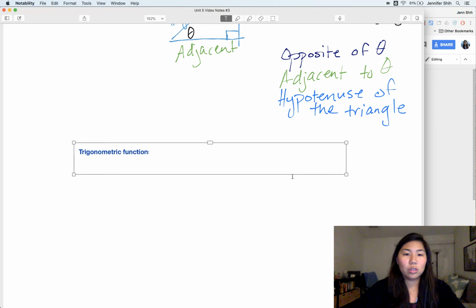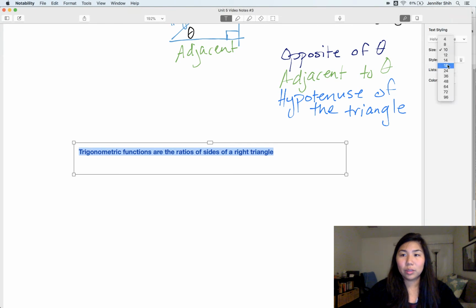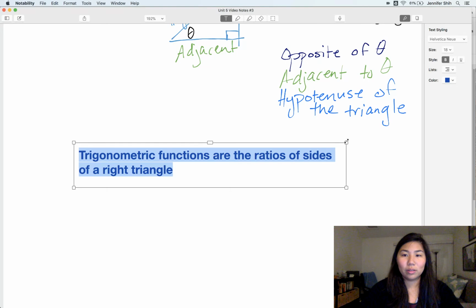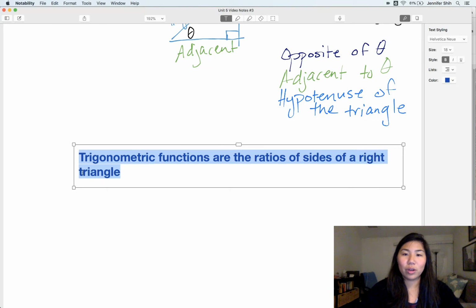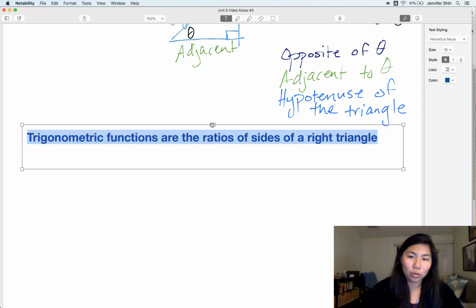Trigonometric functions are the ratios of sides of a right triangle. We're not really going to get into trigonometric functions too much, but definitely the ratios we're going to hit home.